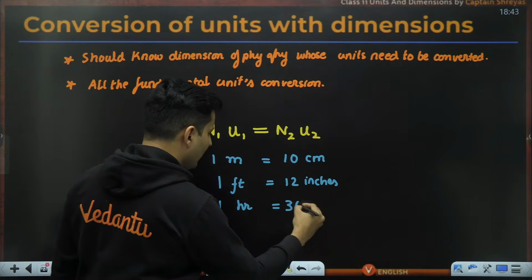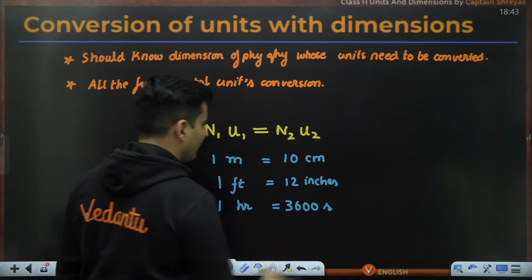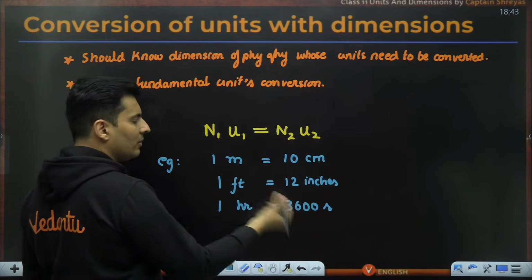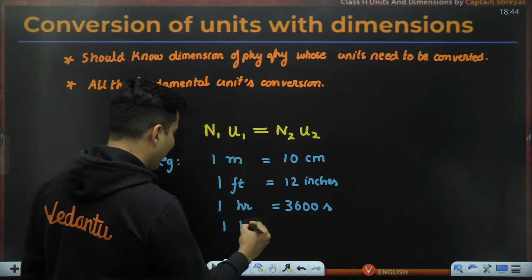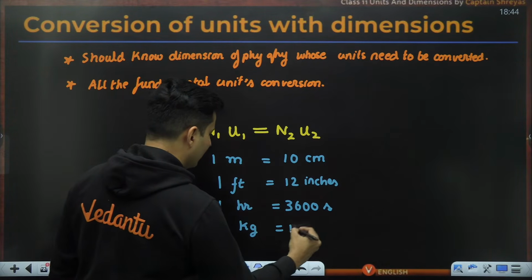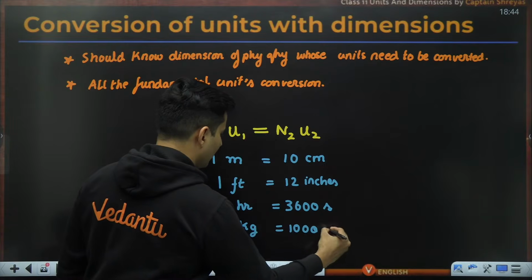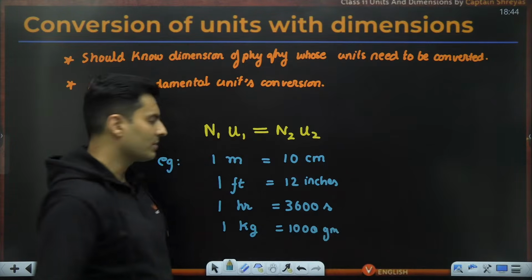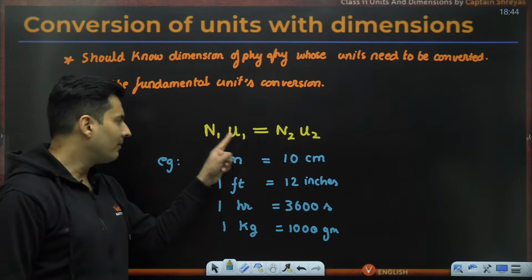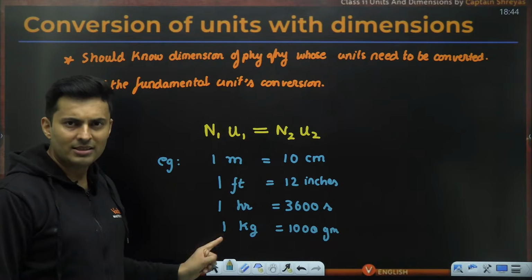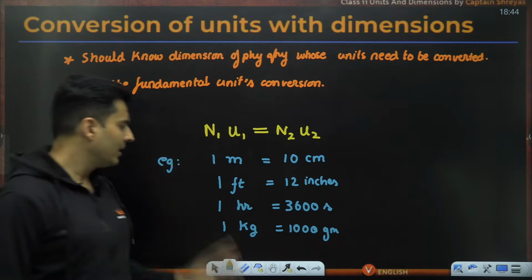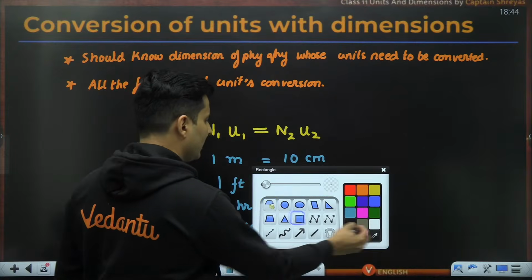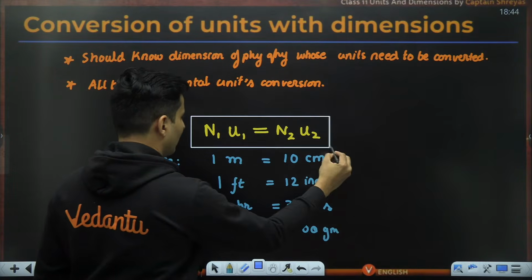So this will be 3600 seconds. So all these are conversions at the end of the day. Everybody getting it? Similarly, 1 kg will be nothing but 1000 grams. So in one unit, the magnitude will be something. In another unit, the magnitude will be different. So this is what the conversion of units says, this formula.